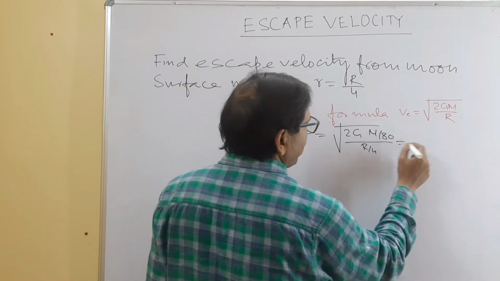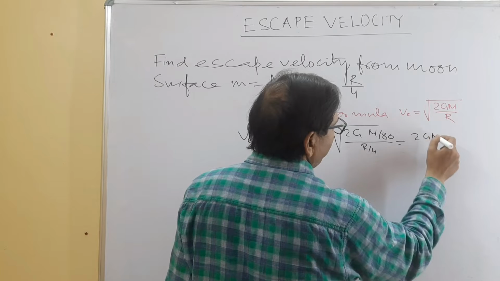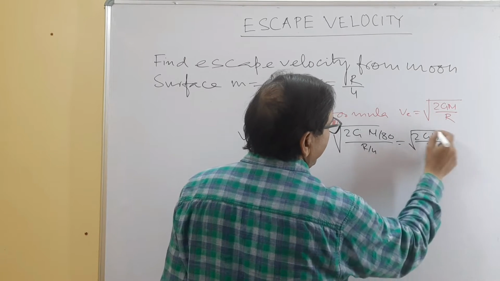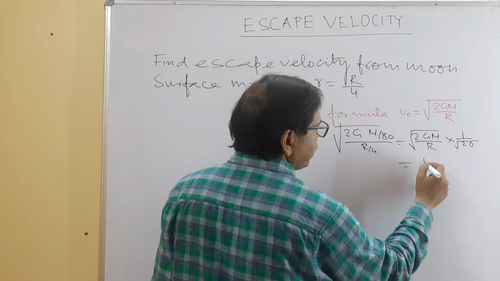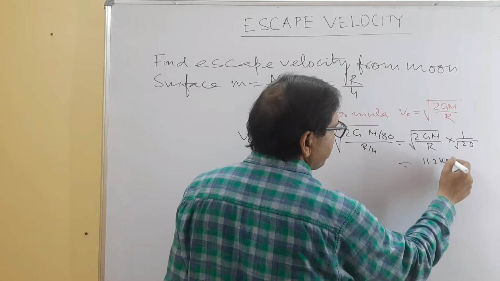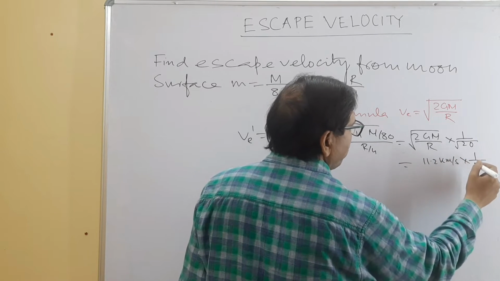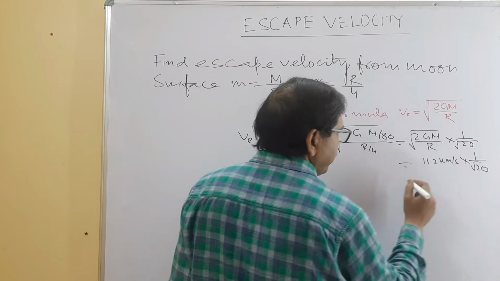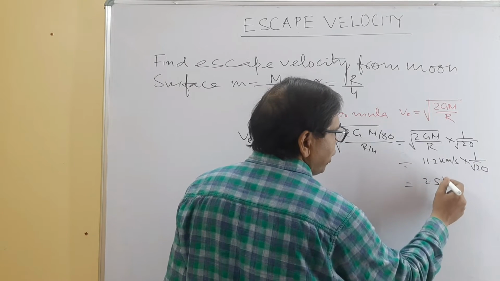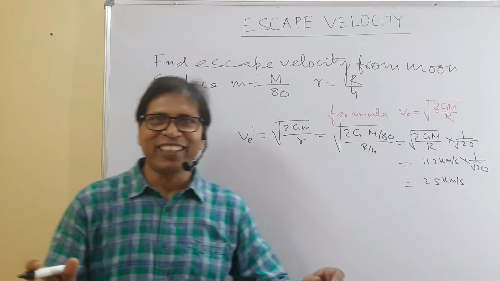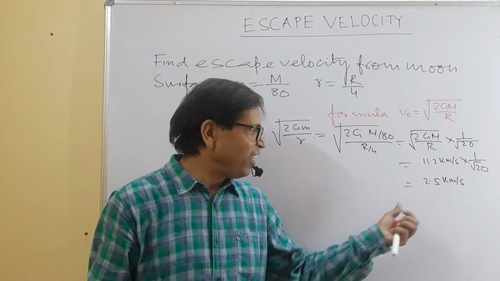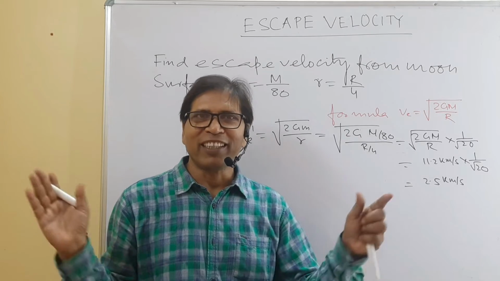So this becomes root under 2GM by R and root under 1 by 20. So this is 11.2 kilometer per second times 1 by root under 20. This becomes 2.5 kilometer per second. So escape velocity from the Moon's surface is 2.5 kilometer per second.